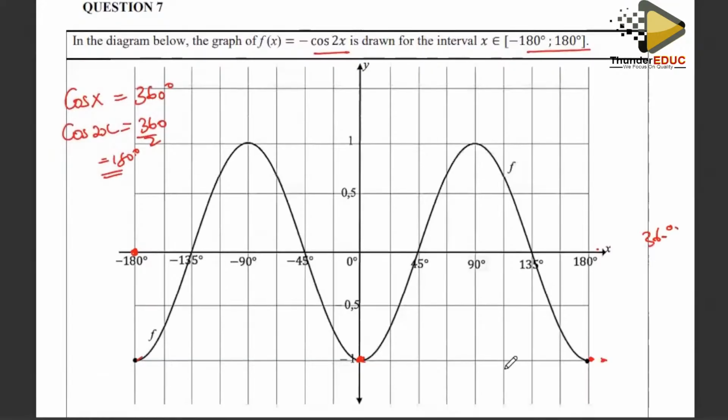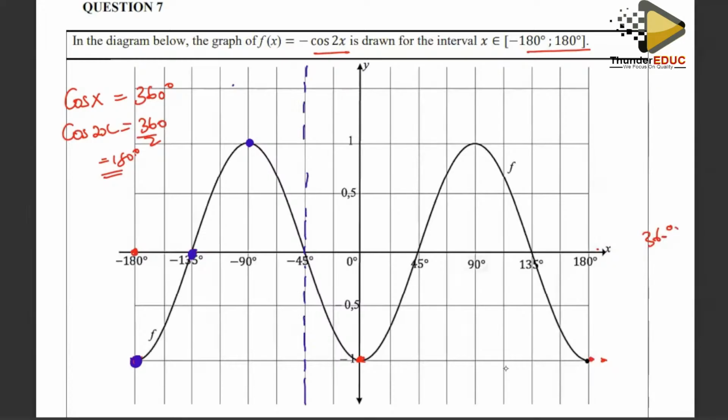So at -180, I'm getting -1. -135 is a 0. Why don't I use a different color? So -135 is 0. And then -90 is a 1. -45 is an error, which is an asymptote.